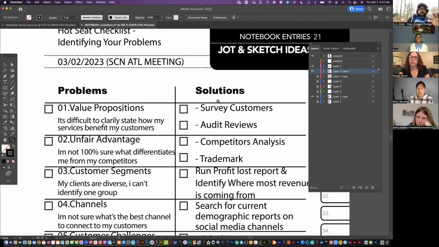When you're looking for the clarity of your value proposition and you can't figure it out, the easiest way is to survey your actual customers or audit your actual reviews, because your customers, if you made them extremely happy, are going to put those in some review form. It may be a book, it may be on Google My Business. A lot of people get reviews and share them, but don't really analyze them. So if you're getting reviews, analyze them, and by analyzing them you'll find the common denominator, which will then become your value proposition.